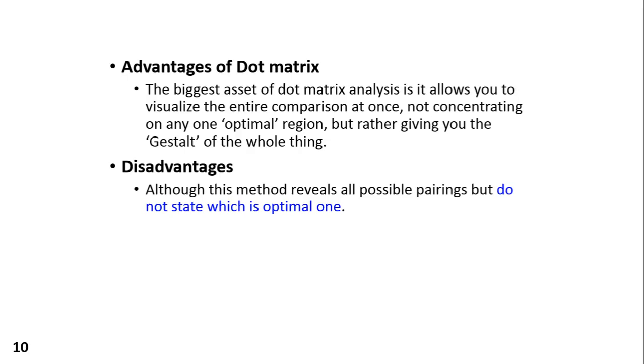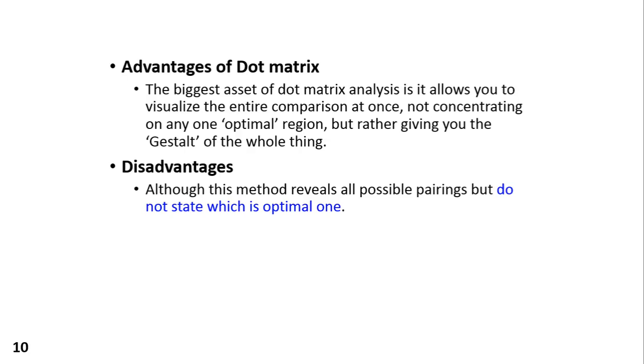Okay, and you would not be concentrating on any one optimal region, but rather this dot matrix analysis would give you the gestalt of the whole thing. Like what is happening all over the RNA sequence as such.